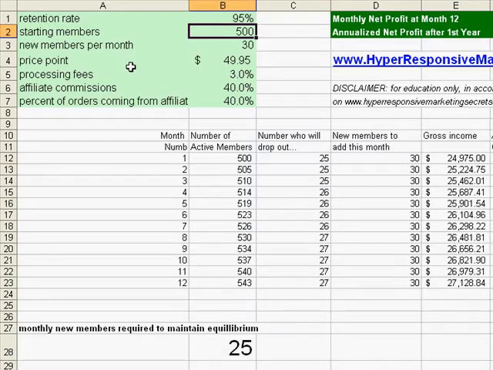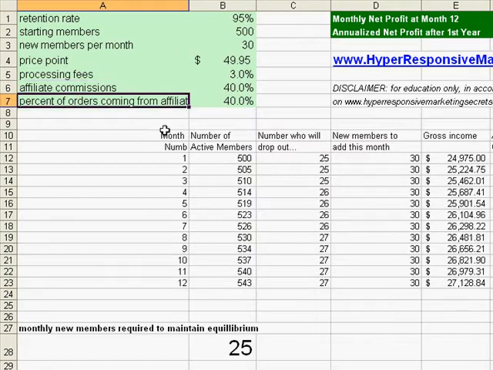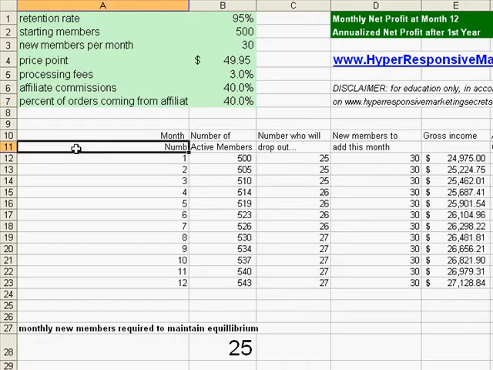Since this is for a continuity site, I've put in some typical expenses, like credit card processing fees and affiliate commissions, and what percent of orders come from affiliates, because not every order comes from affiliates. Some come from direct pay-per-click, and some don't have that affiliate expense.